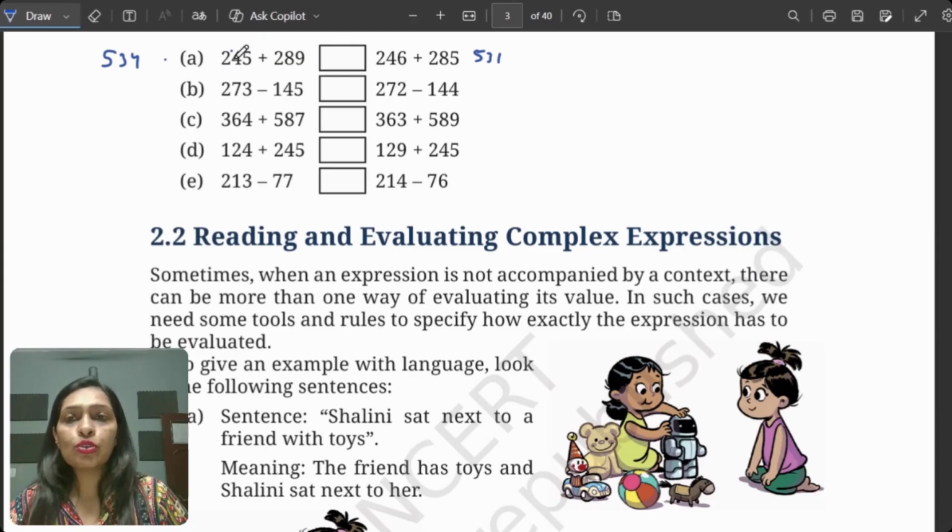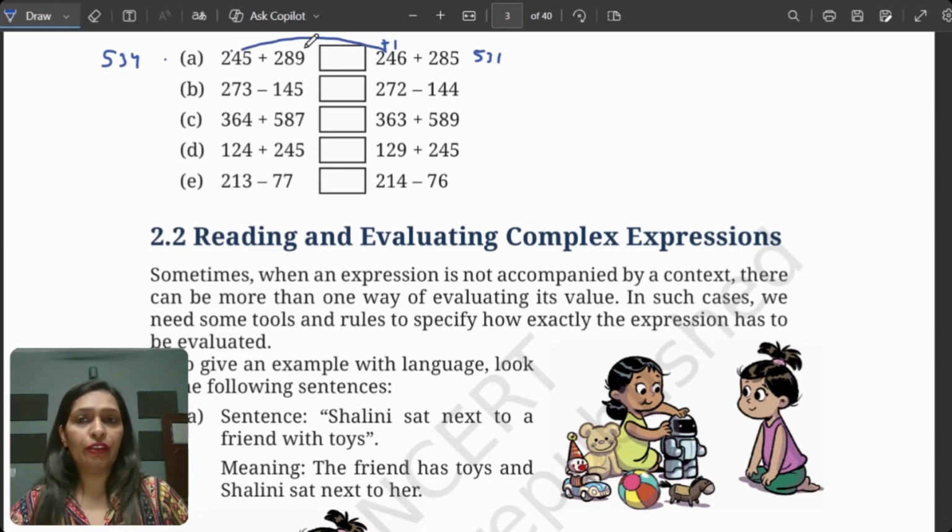So see, if it is 245 and the next number is 246, this number is increased by 1. And then when I see 289 and 285, this number is decreased by 4. So it is minus 4.